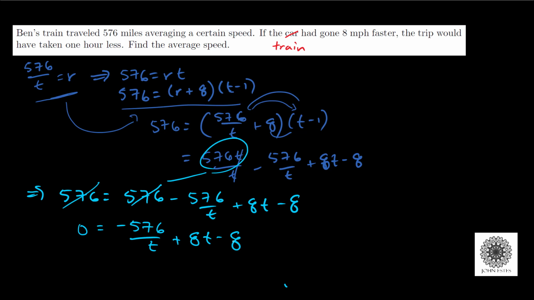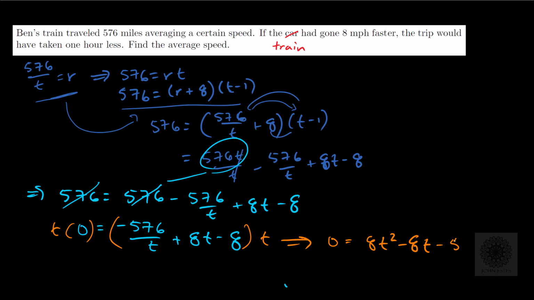Now what I can do here is multiply both sides of my equation by t. And when I do that, t times 0 is still 0. I end up with 8t squared minus 8t minus 576t over t, which is minus 576.